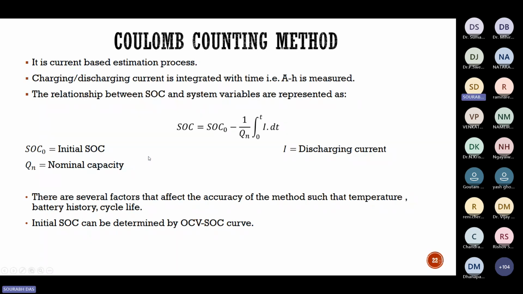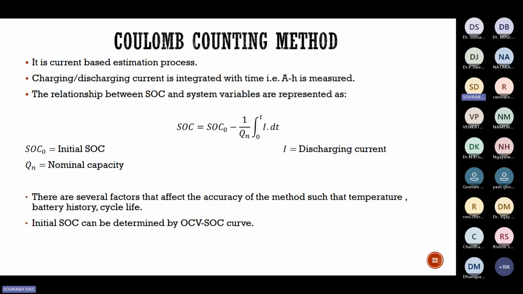One of the most popular methods is the Coulomb counting method. It is a current-based estimation technique. Using the load current, the charging and discharging current can be integrated with time to measure the capacity of the battery.